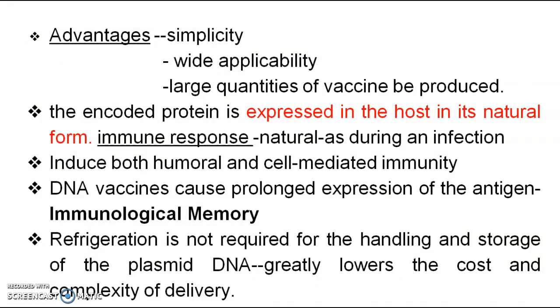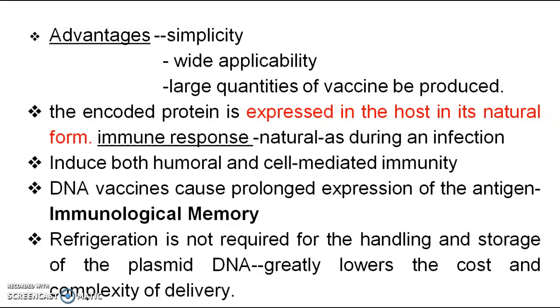So the advantages of the DNA vaccine are its simplicity and wide applicability. Large quantities of vaccines can be produced because we are not using the antigen as such. We just need a DNA that can be proliferated to any number.